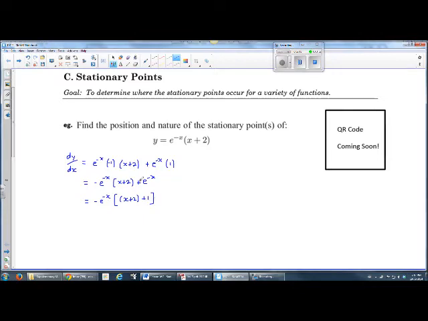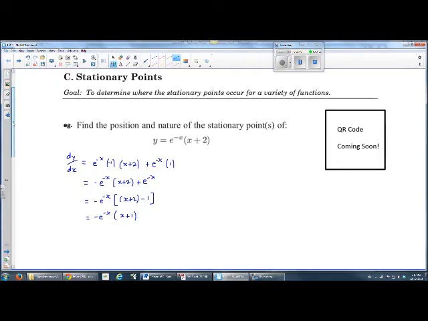Sorry, that should be minus 1 because we're factoring out a negative, and that positive sign becomes a negative. Now we'll simplify inside the brackets, so I'll have negative e to the negative x multiplied by x plus 1.